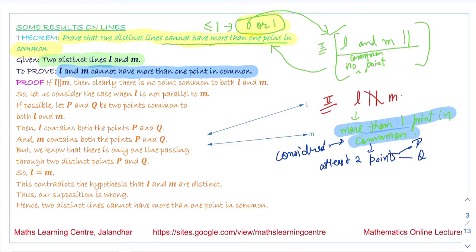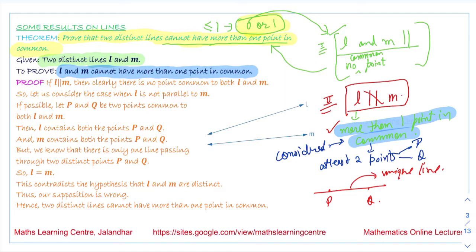Now we know that if two points P and Q are given to us, we can always draw a unique line passing through P and Q. We are considering that there are two points common to both lines, P and Q, and the axiom says that from two distinct points we can always draw a unique line.